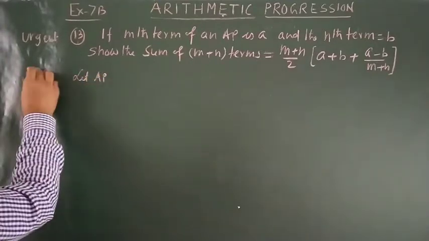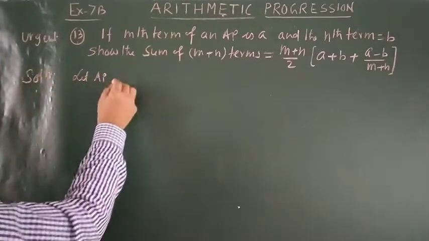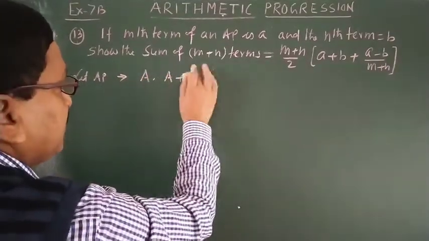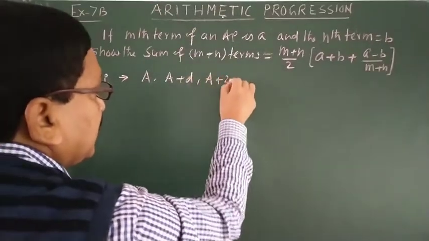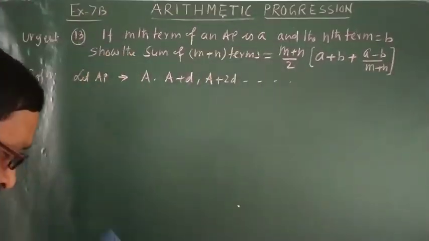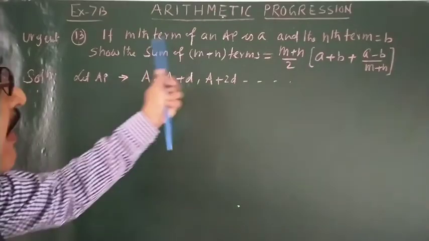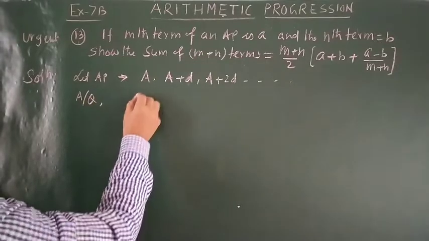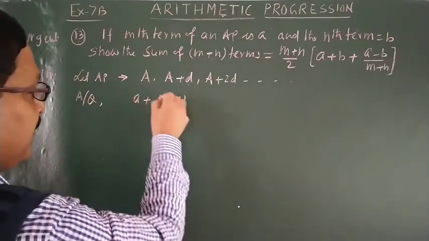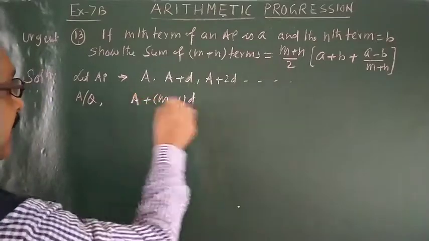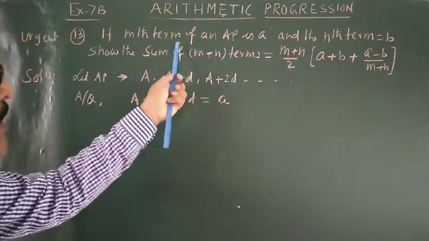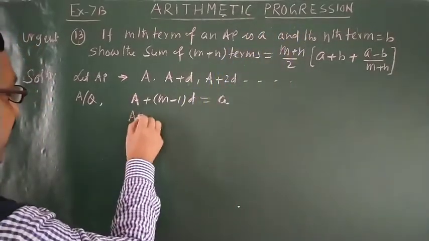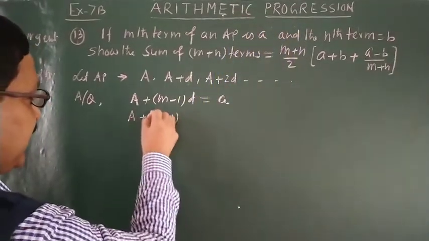Solution. Capital A and so on. Let this be your AP. Now according to the question, the mth term is a. So the mth term is A plus (m minus 1)d, and this is a small a, as given. The nth term is capital A plus (n minus 1)d.